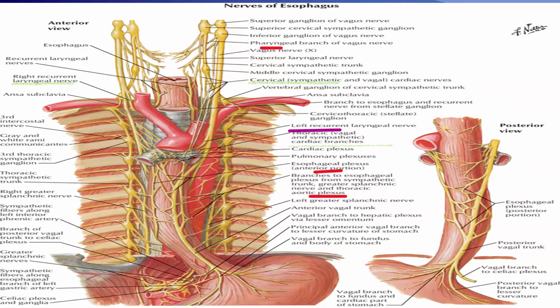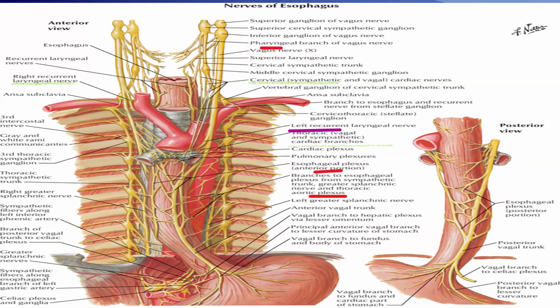The vagus nerve will give the parasympathetic fibers and supply via the recurrent laryngeal nerve and superior laryngeal nerve. The superior will further divide into external and internal laryngeal and supply the larynx and the inferior pharyngeal constrictors. This is the reason why damage to the recurrent laryngeal nerve or superior laryngeal nerve can cause upper esophageal sphincter dysfunction.